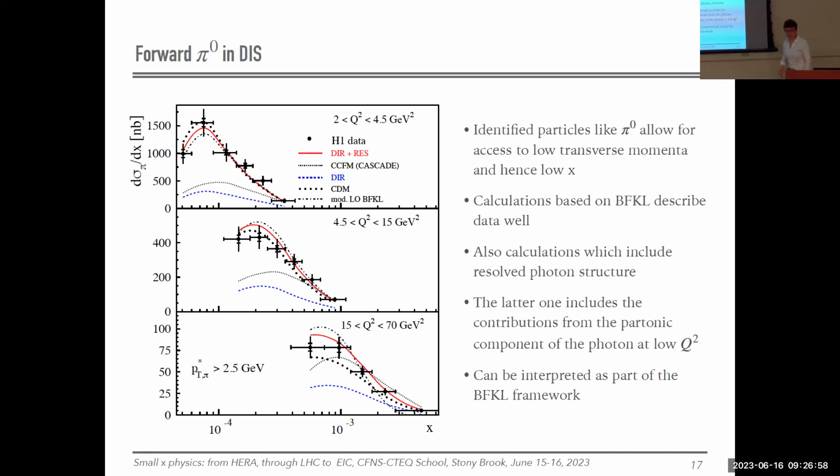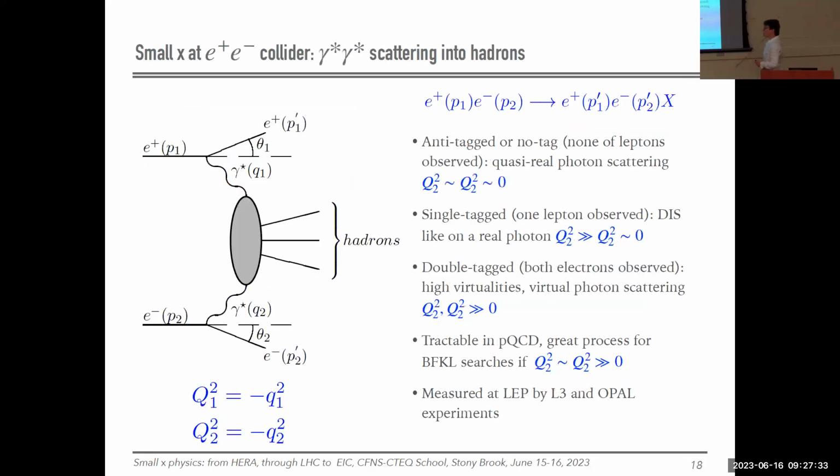This is called the direct and resolved photon, which sounds the same, but it is different in the sense that it includes what is called the resolved photon structure, some cascade from the structure on the photon side. But if you look into the details, it can be interpreted as part of the BFKL framework. So I would say that there are some suggestions that this dynamics is present there at HERA if you look at these processes.